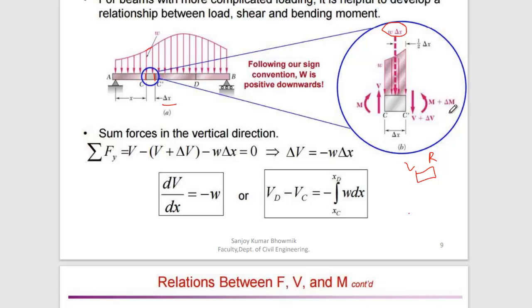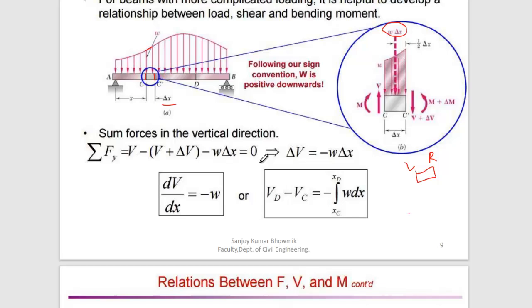Now if you take the summation of vertical forces, you can see V is acting upward, so it is plus, this V plus del V is acting downward, so this is minus, and this W into del x is acting downward, so this is minus.